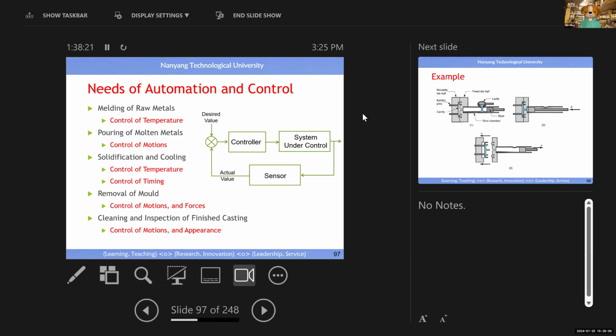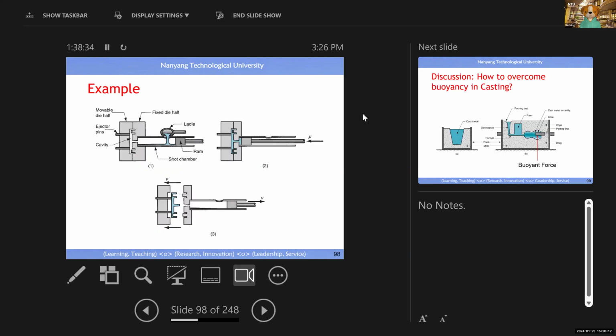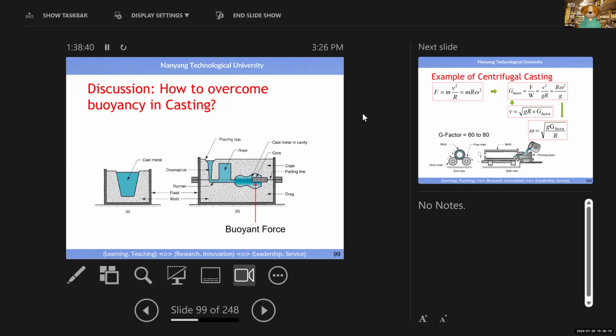Then you see these are the opportunities for us to automate this process, for us to implement an automation or control system. Now this is a feedback control system, right? Okay, then some more illustration for you to see this type of process, etc. Right?